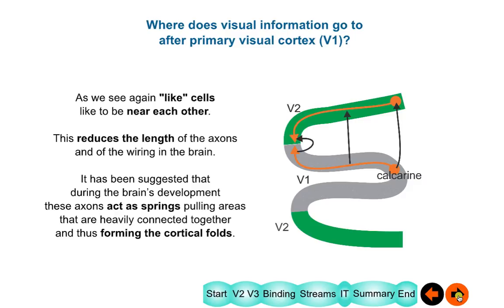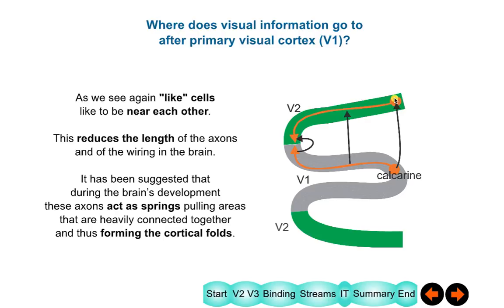The other thing that it does is it allows for shortening of the axon. One reason for these folds appearing in your cortex, one theory for the reason that your cortex is all folded, is to reduce the length of the wiring. So you can imagine that there's a neuron here that's representing the tail here.